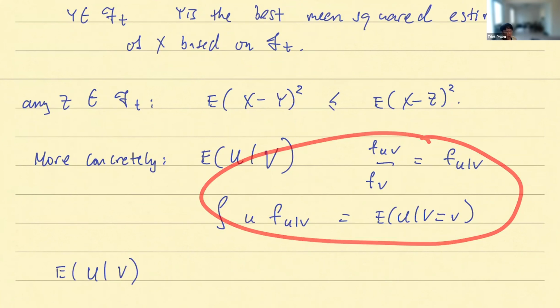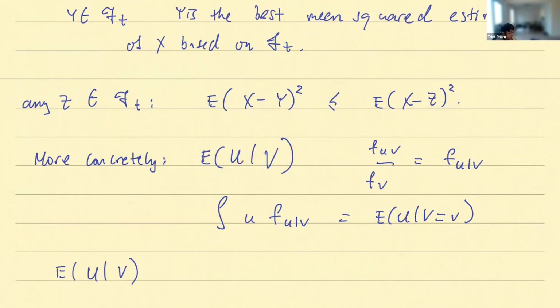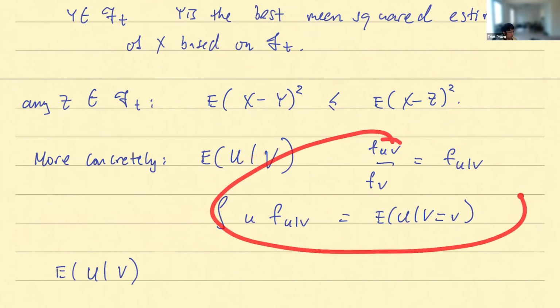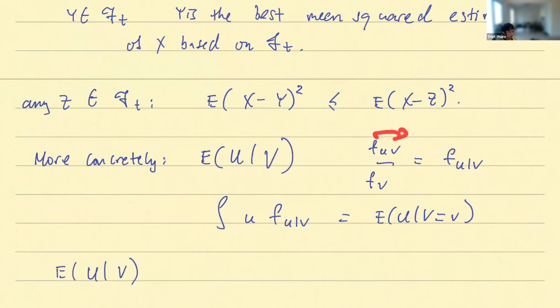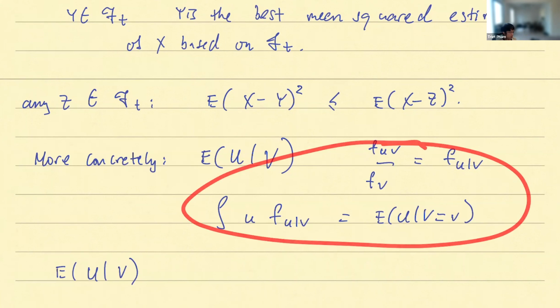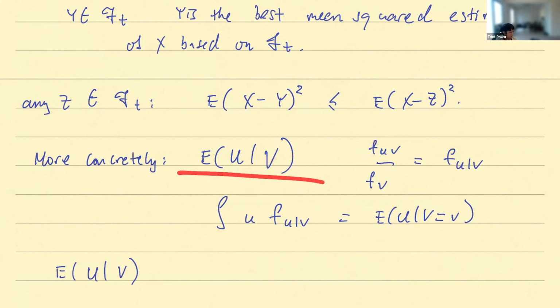It's just too concrete, because a lot of things in real life may not have a joint density. What if one is discrete and one is continuous? They still have a joint distribution, but it is not going to be a joint density. So this way of looking at things is not bad, it just isn't flexible enough.